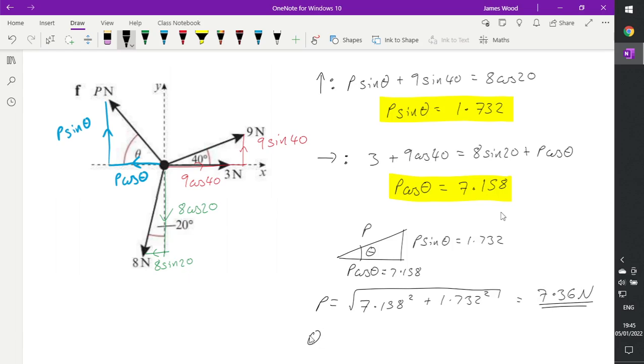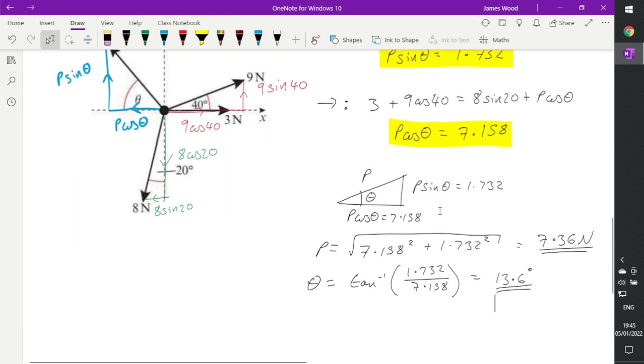And to find the angle, we can do inverse tan of opposite over adjacent. We get 13.6 degrees. There we are. So same skills as before, just a bit of extra solving at the end on that question.